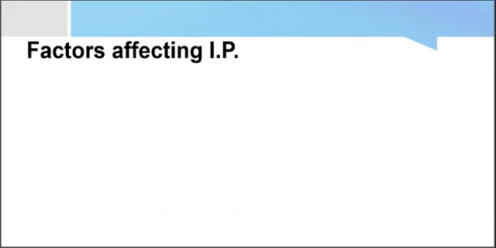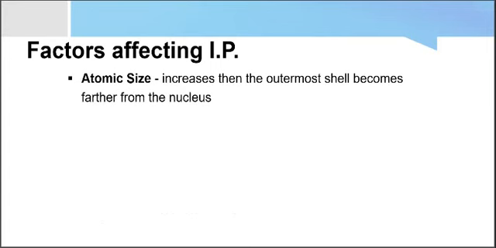What are the factors that affect ionization potential? Like atomic radius, the factors are atomic size and nuclear charge. As the atomic size increases, there will be more shells in the atom, and the outermost shell will become far from the nucleus.